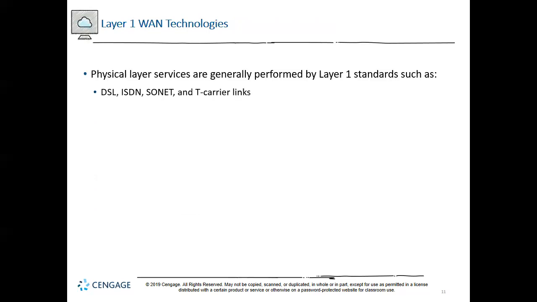So physical layer, all of these things have physical layer aspects to them. I mentioned to you that SONET is using fiber. Your T-carrier connections could be ISDN and DSL. Your telephone company is going to provide you with a specific connection at layer 1.